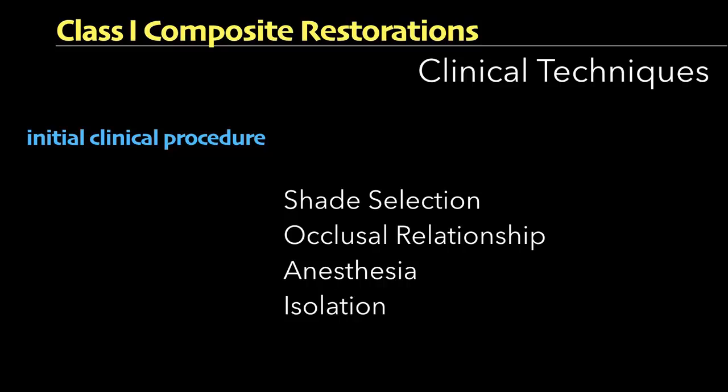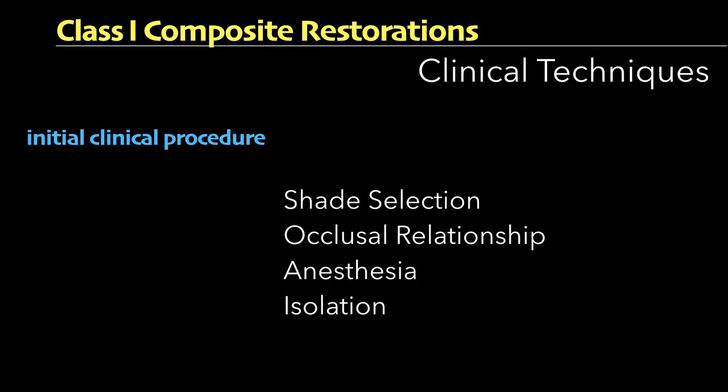Minor or no tooth preparation may be necessary, but clean the operating site with a slurry of pumice to remove the biofilm, plaque, pellicles, and superficial stains, and sometimes calculus removal is also important. Knowing the occlusal relationship is paramount for optimum restoration.